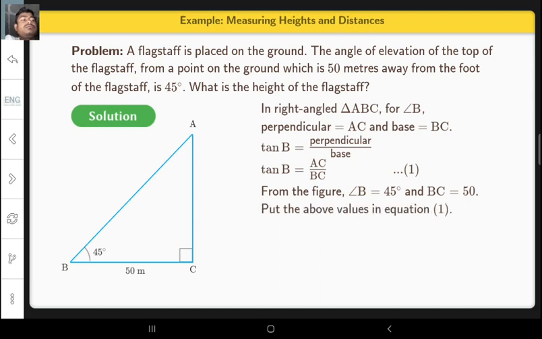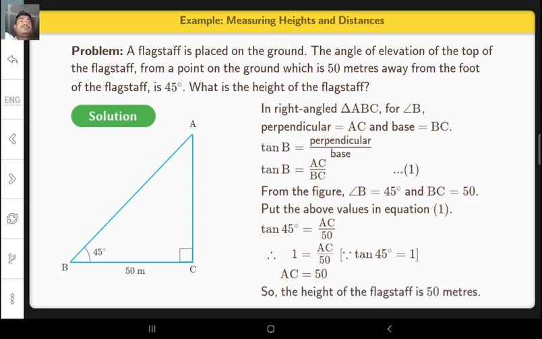Put the above values in equation 1. Tan 45 degrees is equal to AC upon 50. 1 is equal to AC upon 50 because tan 45 degrees is equal to 1. AC is equal to 50. So, the height of the flagstaff is 50 meters.